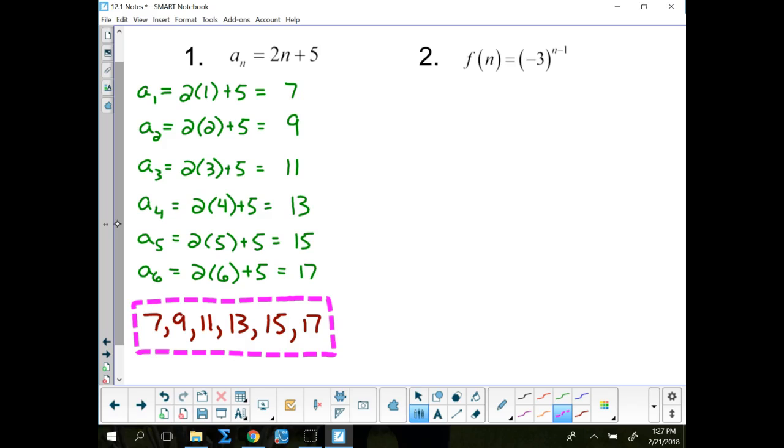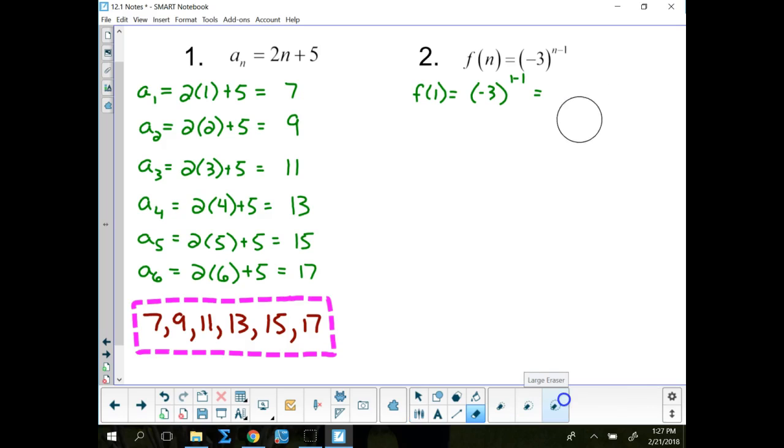If I do a functionized list, then I would do f of 1. That would be negative 3 to the 1 minus 1 power, which is negative 3 to the 0 power, which is positive 1. Then I put in 2.